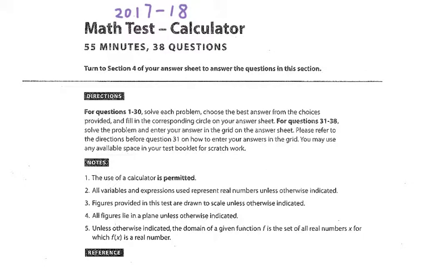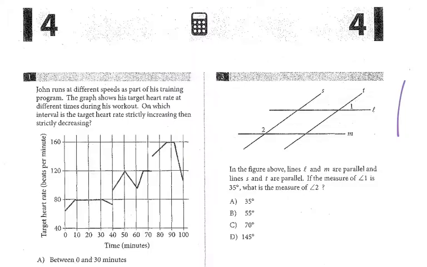This video is about the 2017 to 18 SAT booklet, math test calculator part. For question 1, we are looking for an interval in which the target heart rate strictly increases, then strictly decreases.